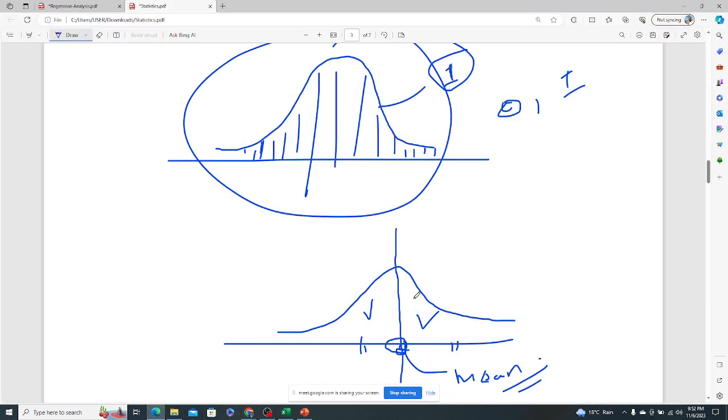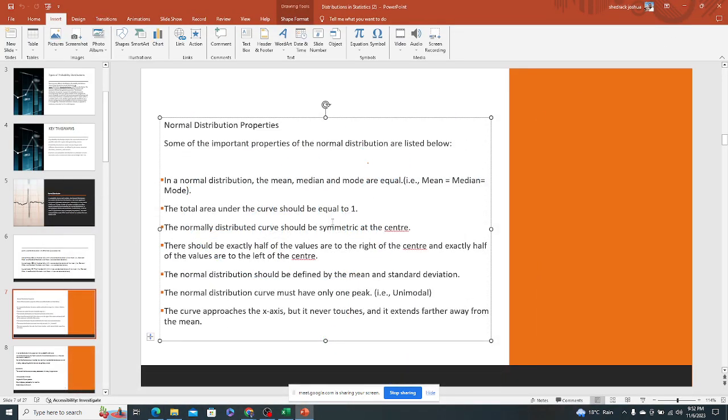Like the values here should be equal to the values here, meaning this cuts the distribution into two equal parts. Okay, good.